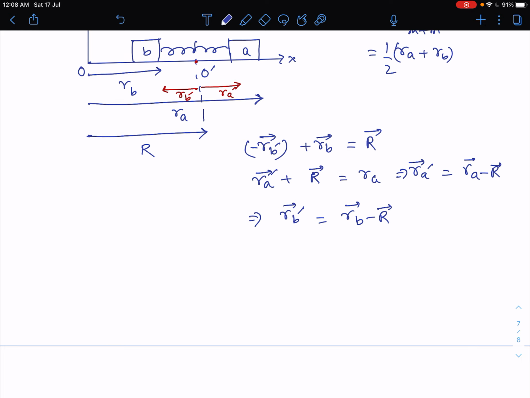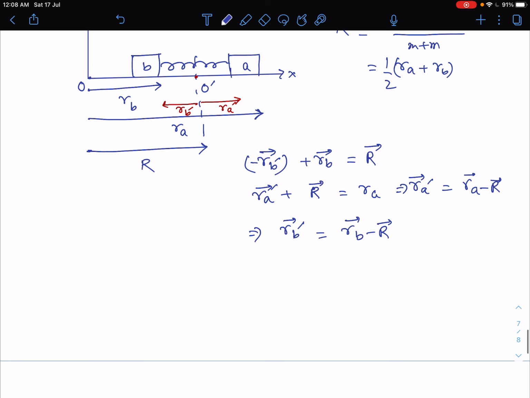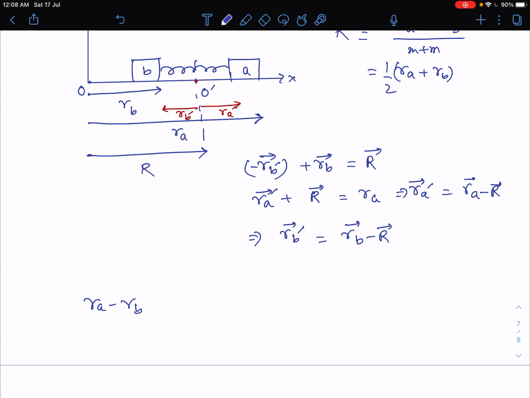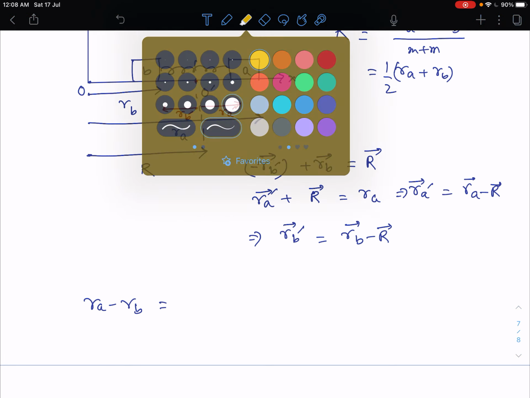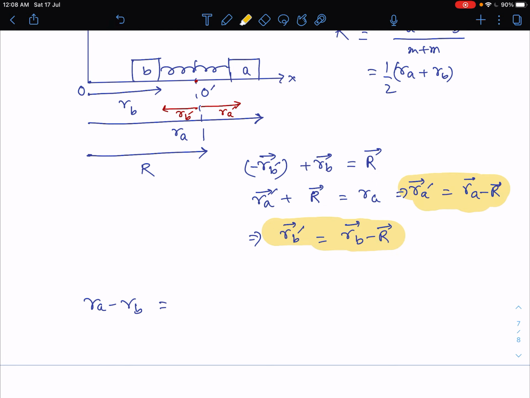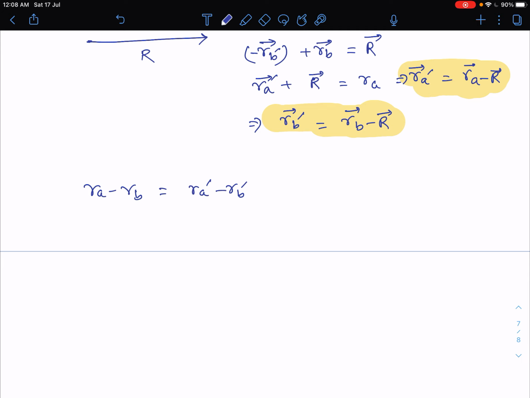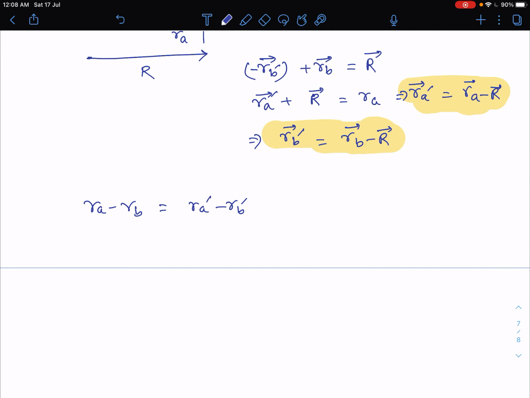Now the instantaneous length of the spring after the hit is just the difference of the coordinates of A and B, that is RA minus RB. So what is RA minus RB? You can see from these two equations that RA minus RB is the same as RA prime minus RB prime, right? The equilibrium length of the spring, that is the unstretched length, is small l.